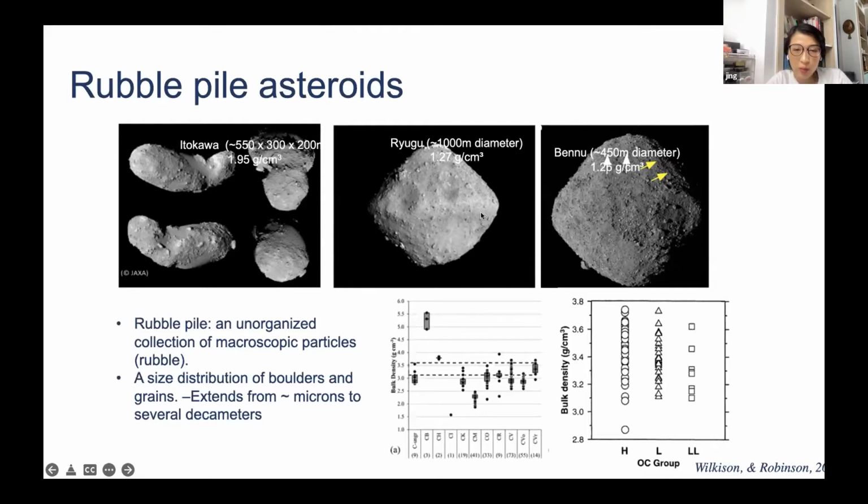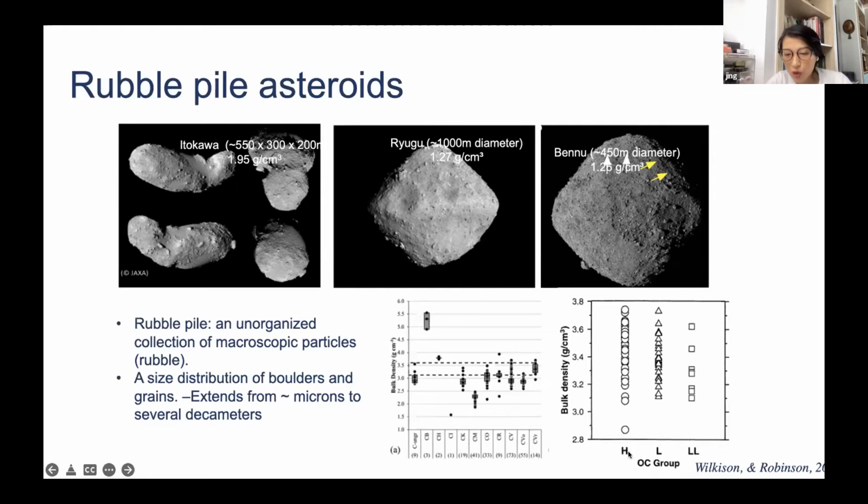If we compare them with meteorites, Ryugu and Bennu are believed to correlate with CI or CM meteorites. CI is about 1.5, relatively small, but CM is 2 or 2.5.